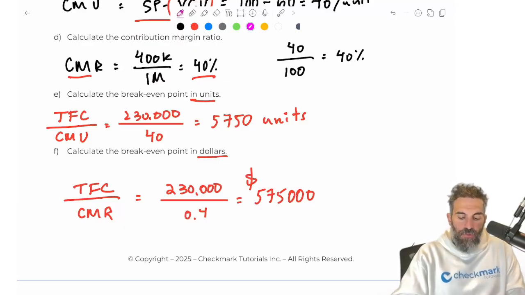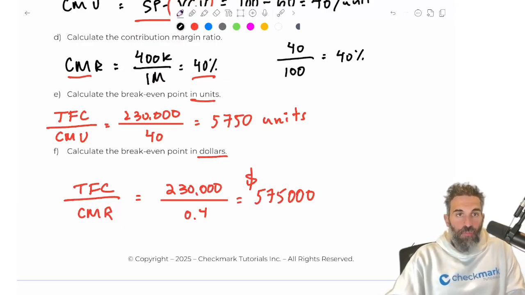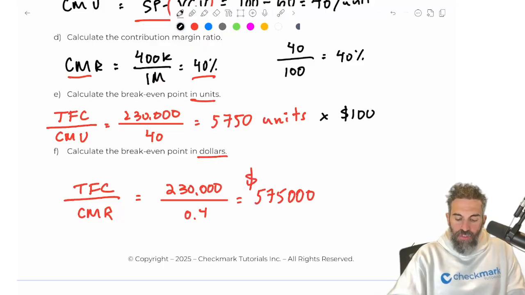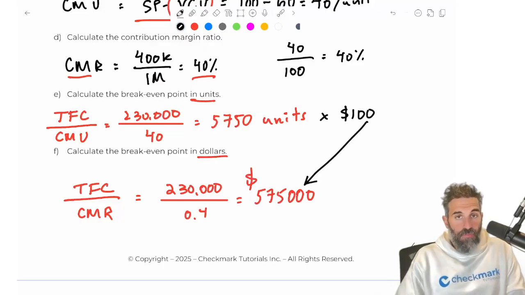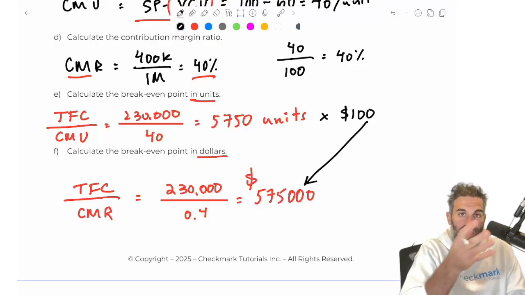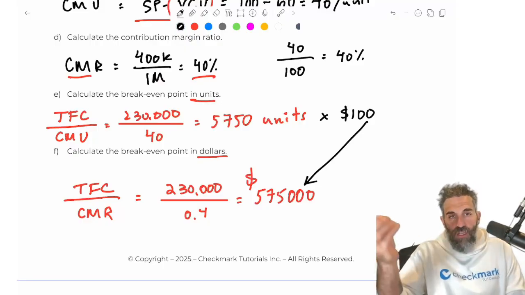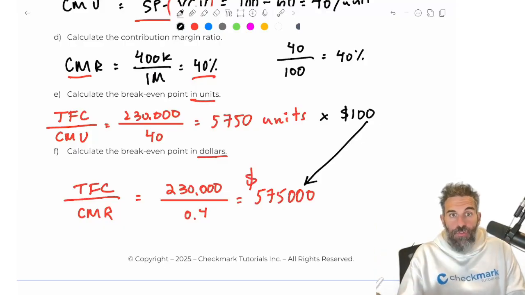And look, this makes total sense. If you know your selling price is $100, if you sell 5,750 units at $100 each, you get this number. We're expressing the exact same thing in two different units. One is in actual units of your finished good, and one of them is in dollars. But it makes sense that if I take this and I multiply it by the selling price, I would get that answer.